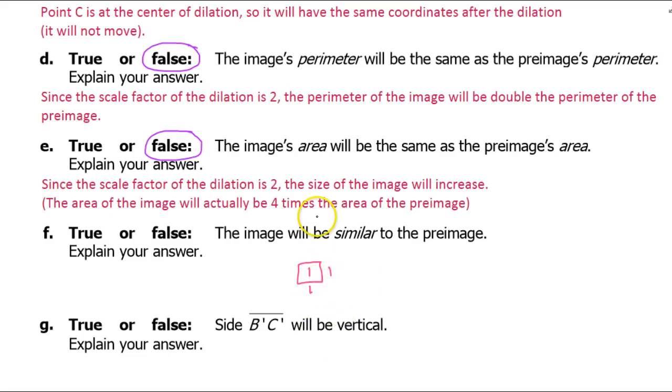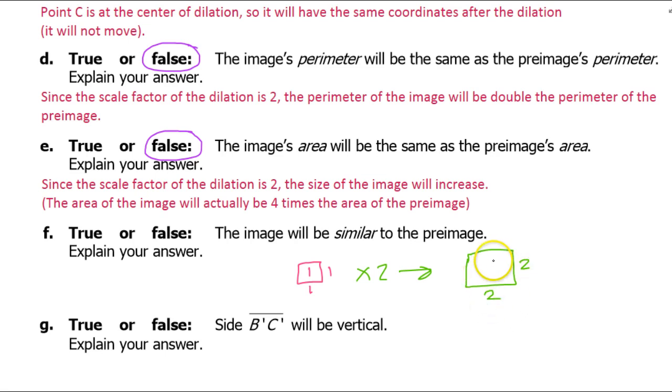Now, if I do a dilation, okay, a scale factor of 2. So if I take this and I multiply the lengths by 2, what do I get? So now I'm going to have a bigger square, and the lengths have now doubled. So now my new square is going to be 2 by 2.